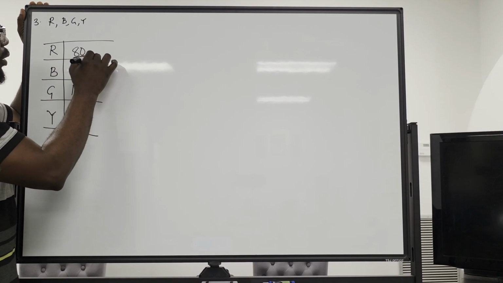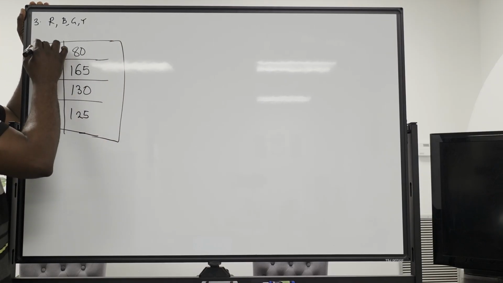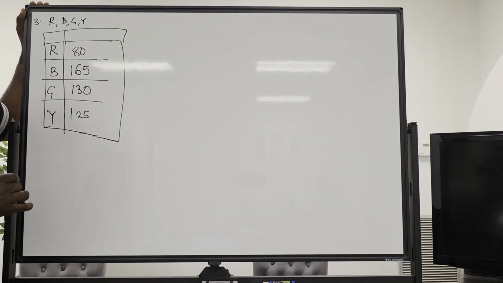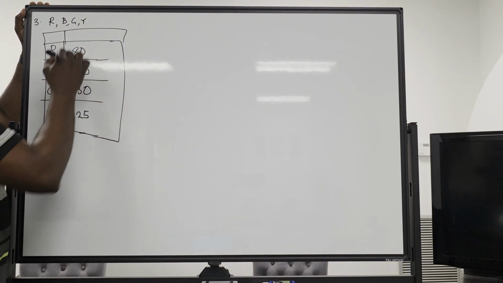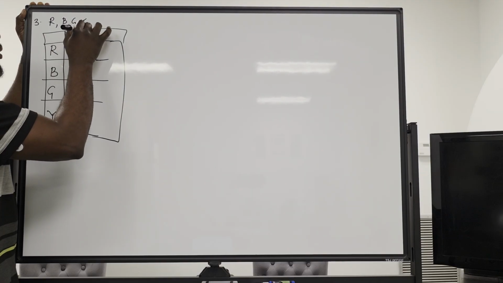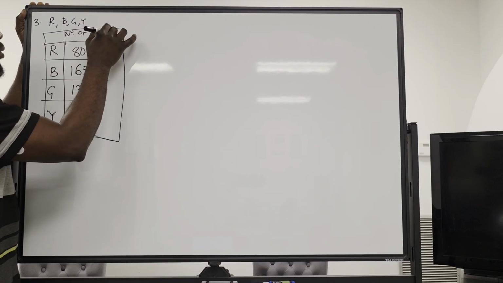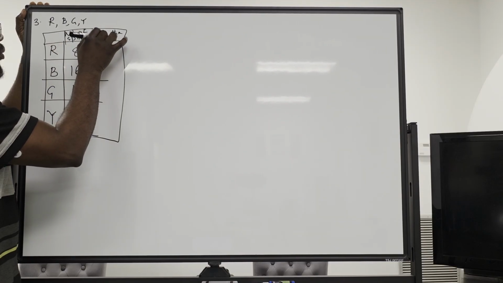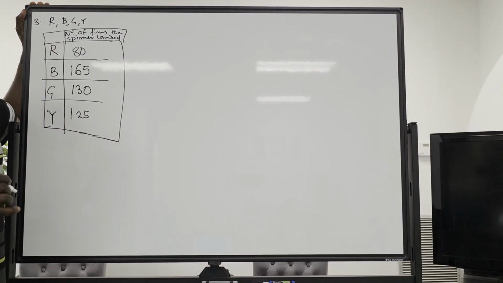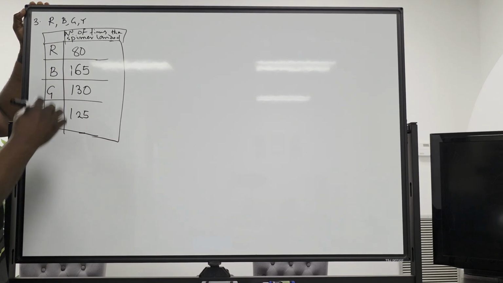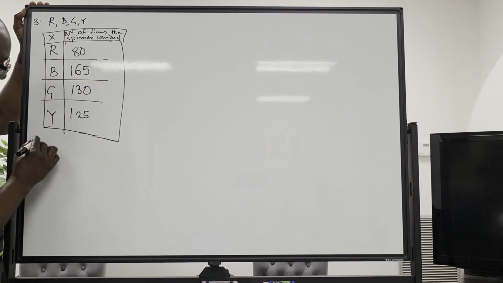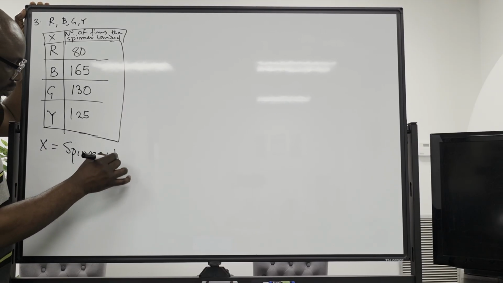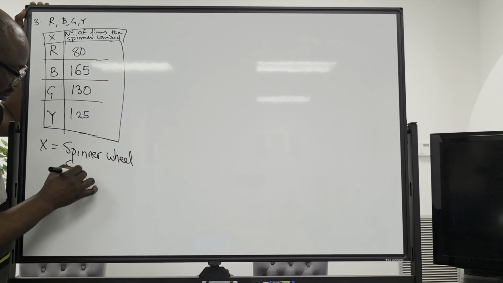This table says the number of times the spinner landed on each section, and then the spinner wheel section. Let me call this X, the spinner wheel section.